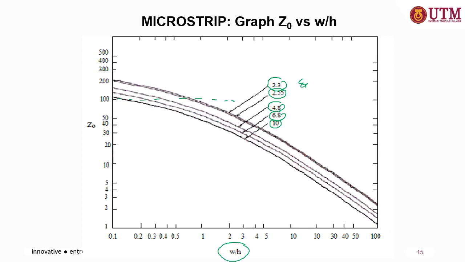For example, if the substrate material used is 2.3 and Z0, the characteristic impedance, equals 100, this is the line for 2.3, crossing there. So you can get the ratio of W over H is about 0.9 something.